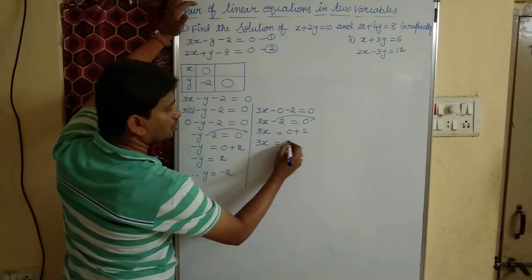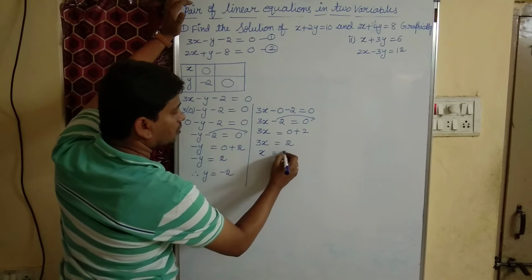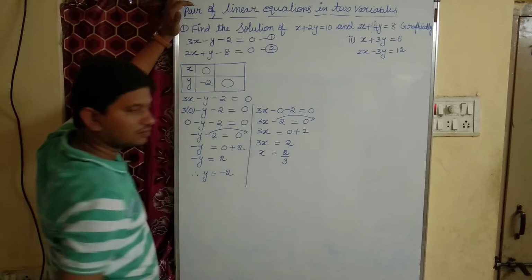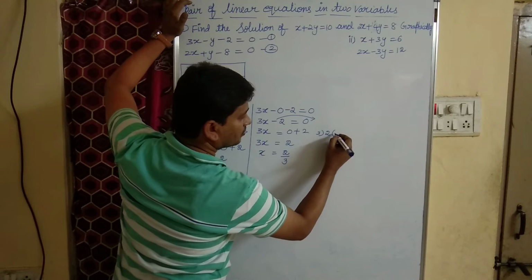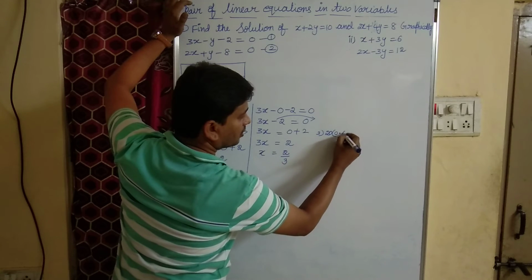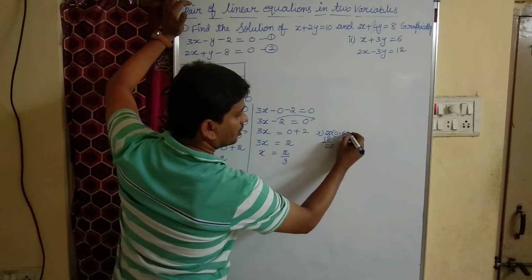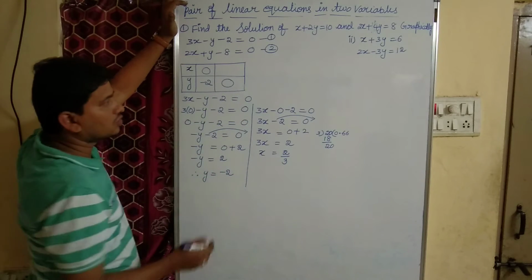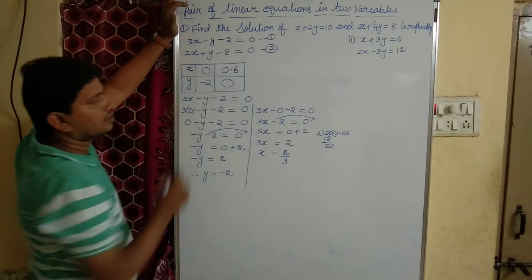So 3x equal to 0 plus 2, 2. So x is equal to 2 by 3. So what is 2 by 3? 2 divided by 3, 0.66. So let us consider this as 0.6.